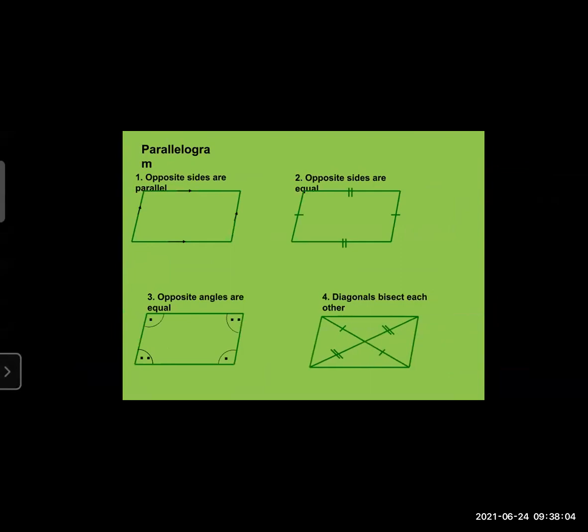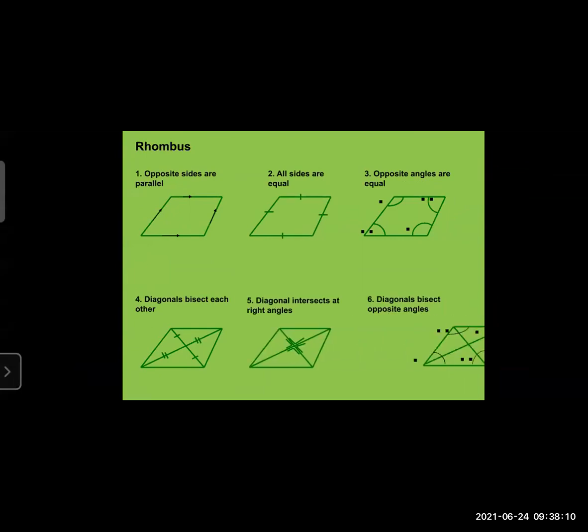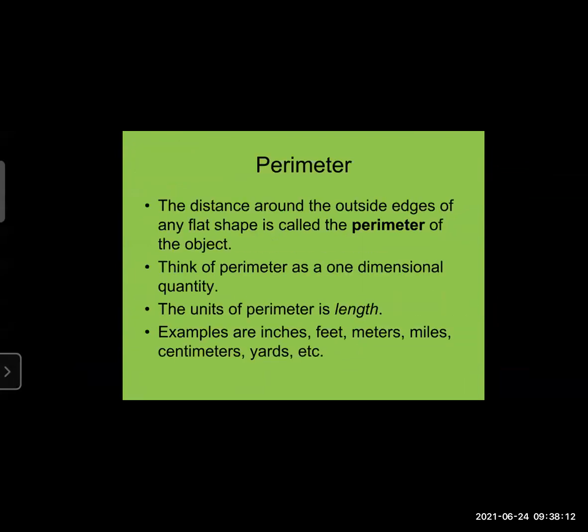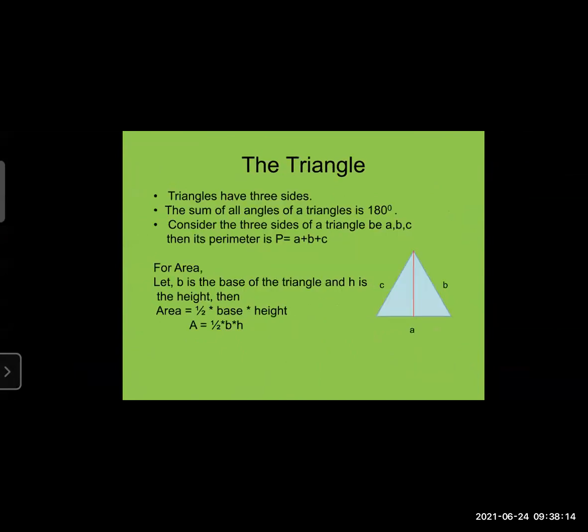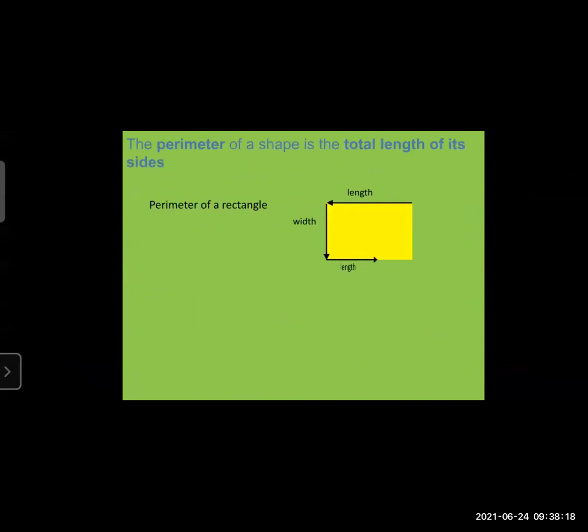Okay, students, sorry. So last topic, that is the circle. We find the circumference of a circle by using the formula C is equal to 2 pi r, or when we replace 2r by d, then we get circumference is equal to pi d.